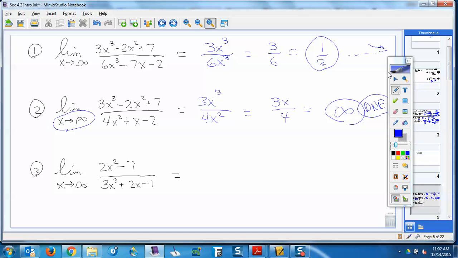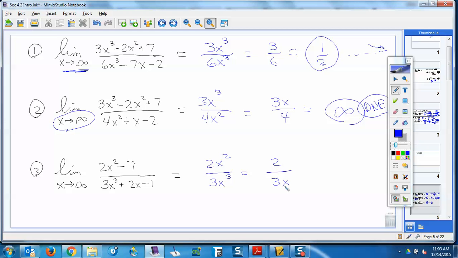Okay, a horizontal asymptote. When you get an actual number here, that's your horizontal asymptote as x gets really, really big. Right? What about this one? On top, the only one that matters is 2x squared. On the bottom, the only one that matters is 3x cubed. That would be 2 over 3x, right?